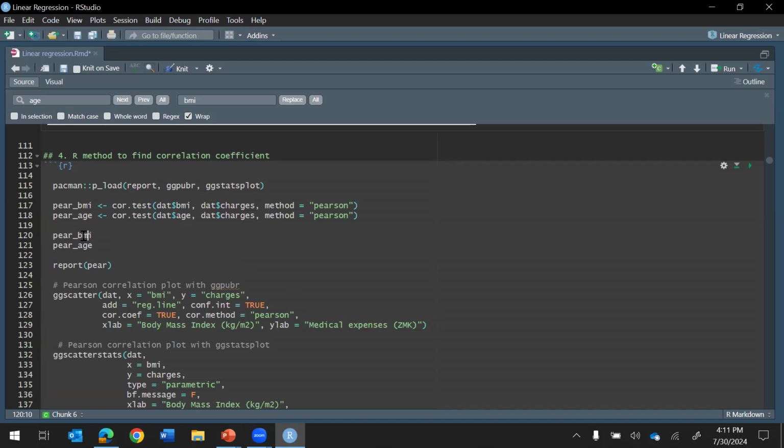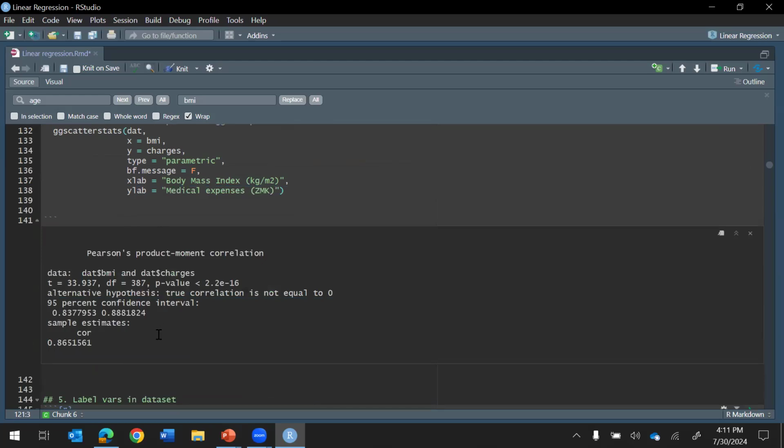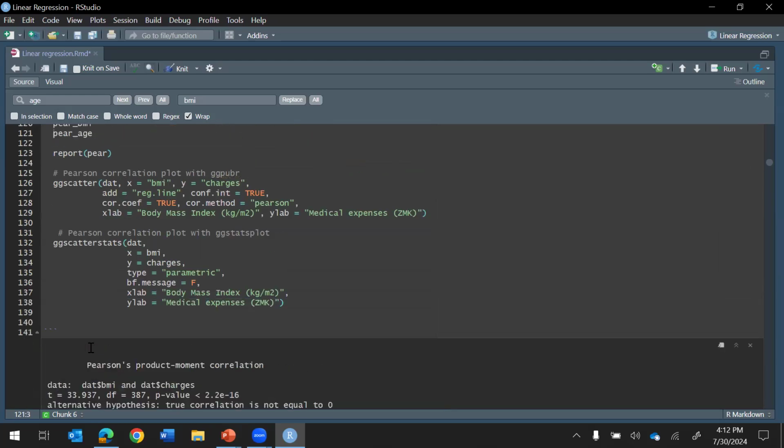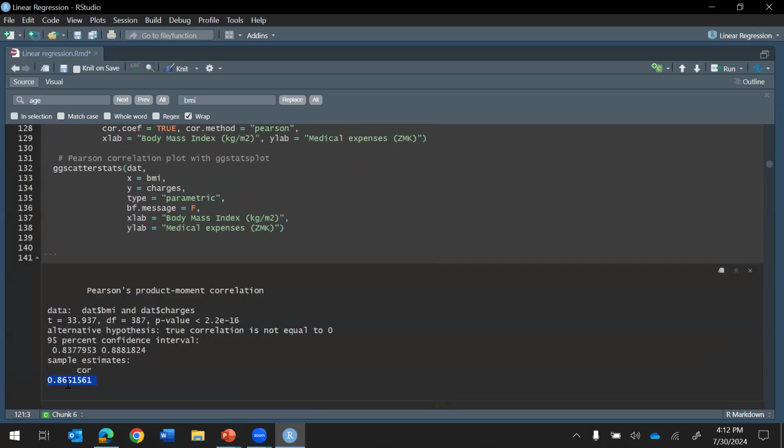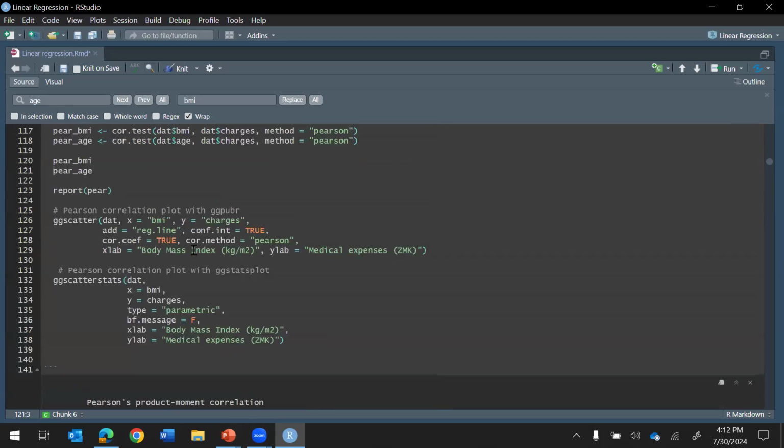I'm guessing we are. Okay, so we can check first the correlation between medical expenses and BMI, which is about 0.86, and that is the confidence interval that we have, and the significant p-value that we have there. And the next is for age.